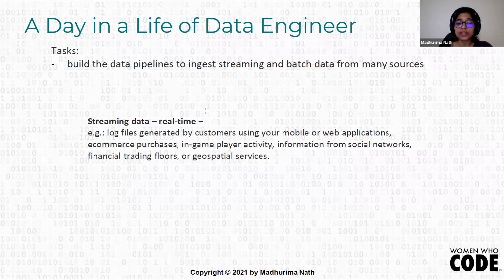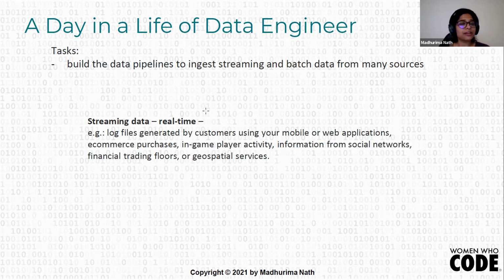Think of examples like log files that I'm generating while I'm using a mobile app or a website, or the purchases that I'm making. It just goes through in a second or a couple of seconds. So these are data that is being handled in almost real time.